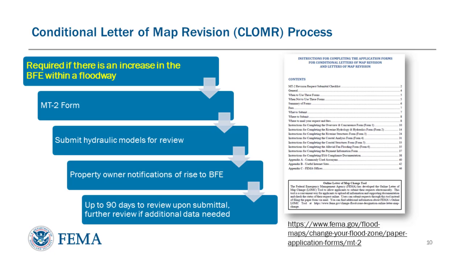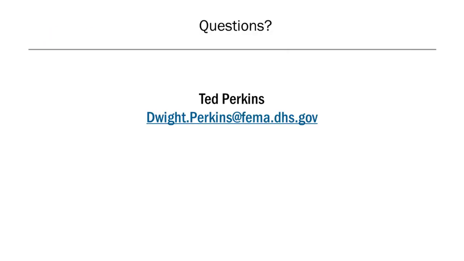So again, it's important to first check in with your floodplain administrator and pursue the floodplain development permit. If you think there's any chance that there is going to be any kind of a rise, factor in the conditional letter of map revision process as part of your schedule.